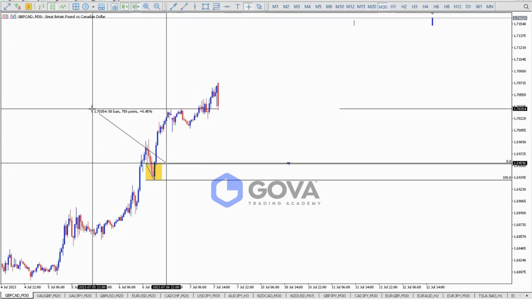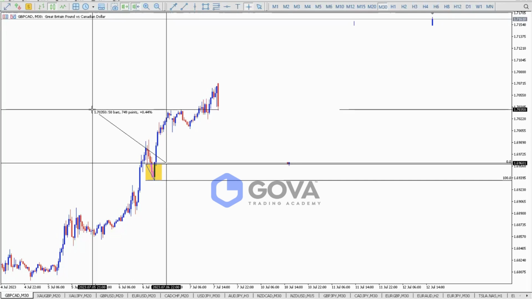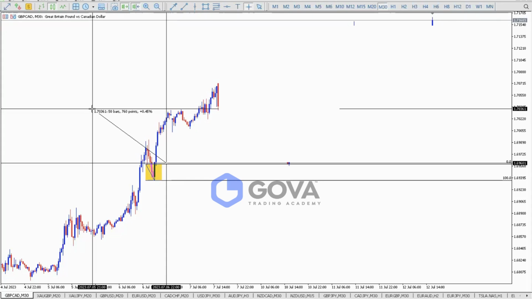So this 758 points, now the last number here is 8. Okay, let's say this is 760 points. The last number here is 0, which means this is 76 pips.